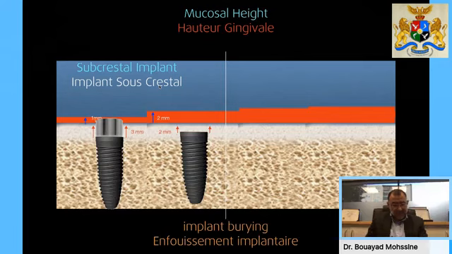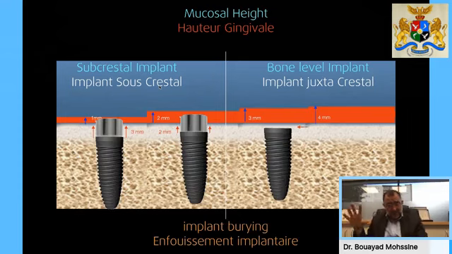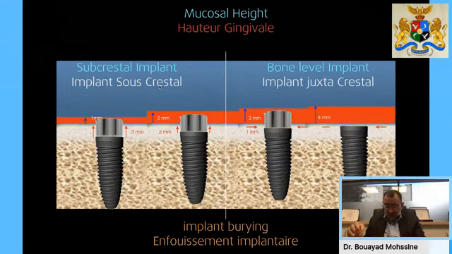around the implant. And on the right side, we can sometimes have 3 millimeters or 4 millimeters or more than 4 millimeters of thickness of the mucosa. We can place our implant only 1 millimeter under the bone or only in a juxtacrestal position because we have enough thickness of mucosa around the implant and we can preserve the barrier between the oral cavity and the implant.